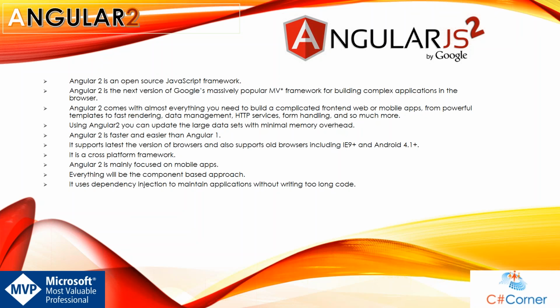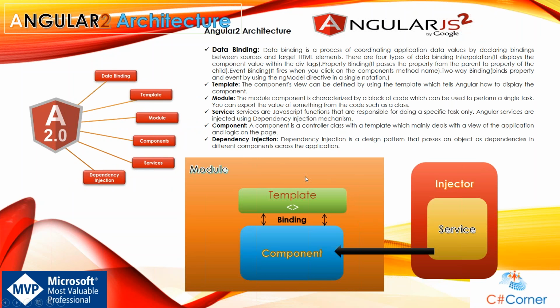Here is the framework for the Angular 2 architecture. In Angular 2 we mainly have data binding, templates, modules, components, services, and dependency injection. In Angular 2 everything is a component, so it is component based. We have a template and a component.